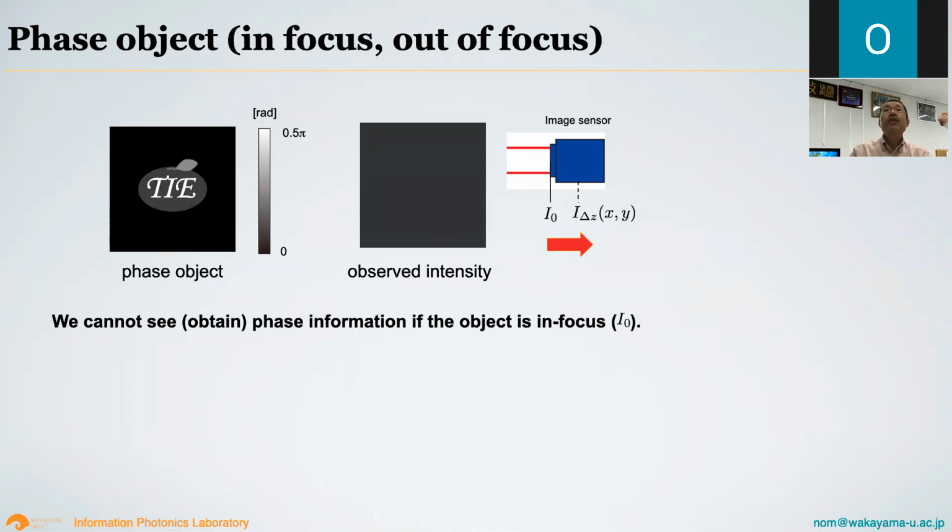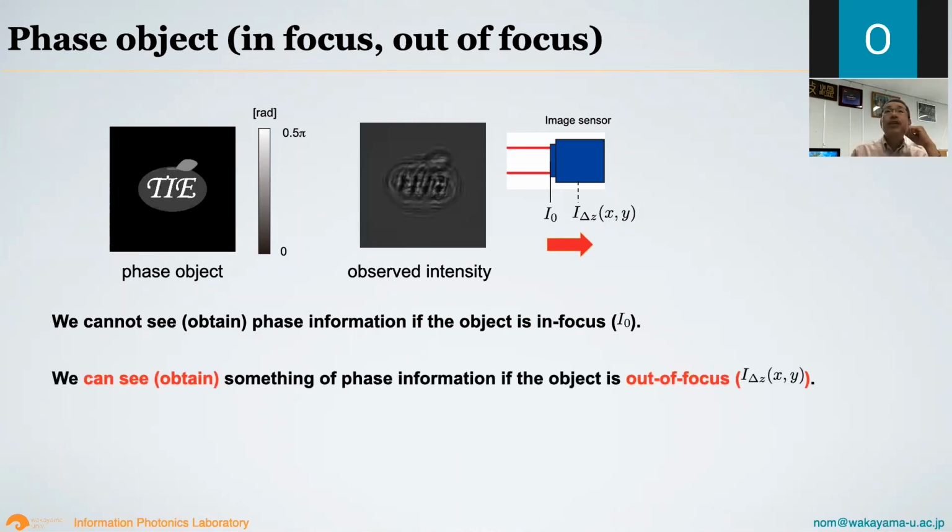You can see something here. It is a defocus image. So we can obtain some information. It is phase information if the object is out of focus. In focus, we cannot see anything. Out of focus, moving the camera, we can see something from phase information.